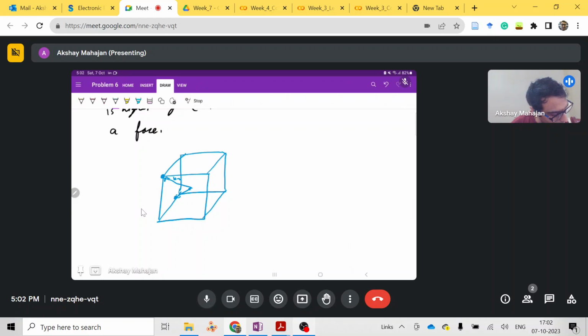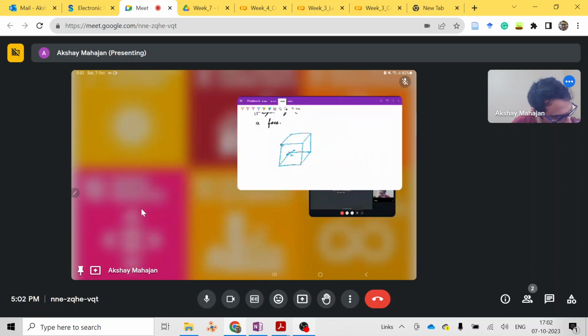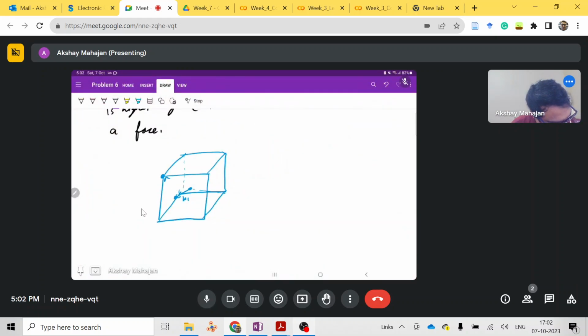This k2 vector will be my body diagonal. If this distance is, let's say, 2k, this will be my k1 and this will be my k2.